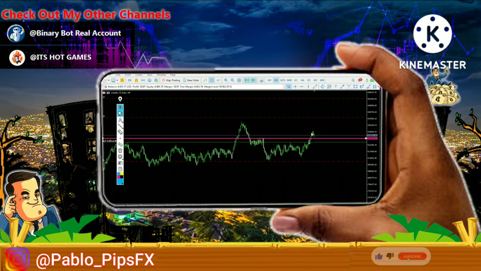This is a good sign that price is looking to continue upwards, especially to these levels right here. If it gets here and breaks out of these zones, it's a good sign that it'll hit my TP1. That is what I'm hoping for.